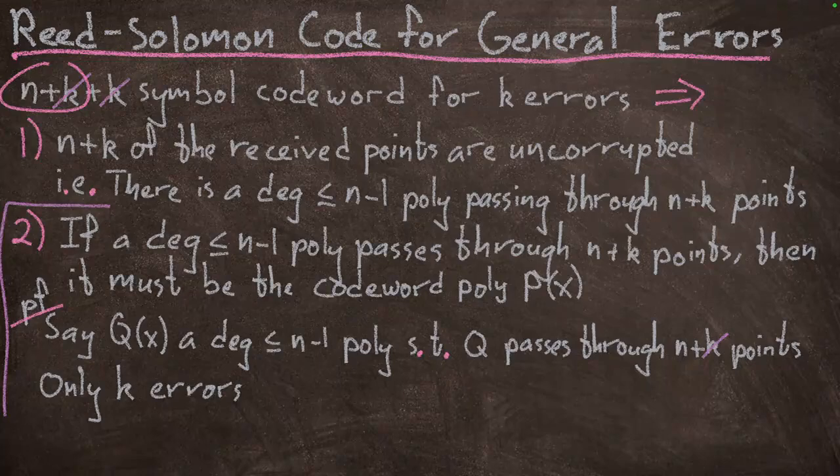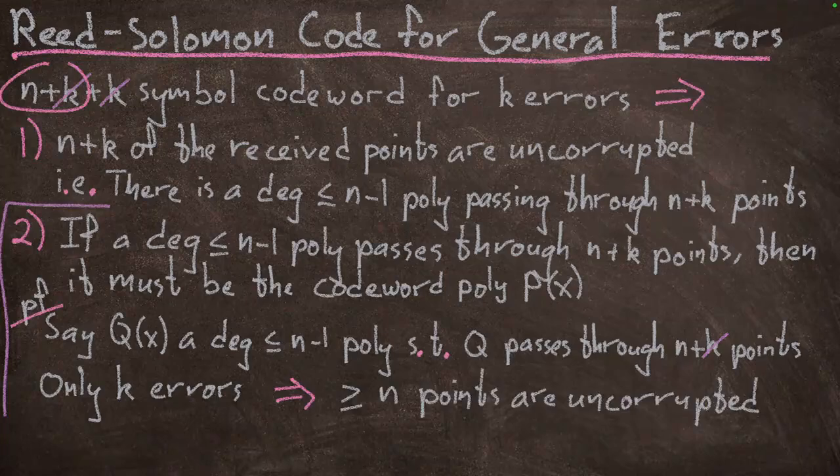So this is why we have n plus 2k. We can strip it off twice, and what we're left with is n correct points. N correct points must pass through the polynomial p because n points uniquely define a degree n minus 1 polynomial. We're going fast, but this is rewatchable.